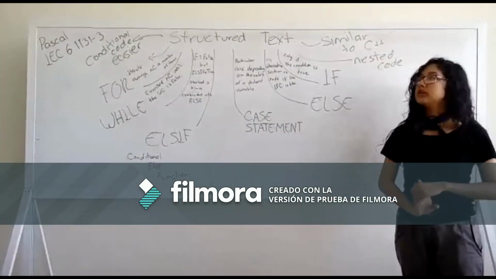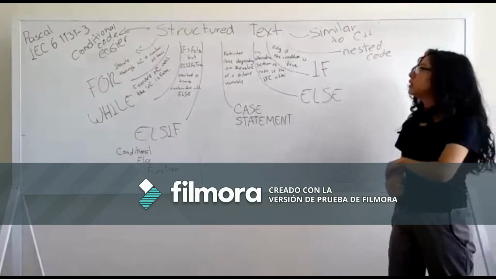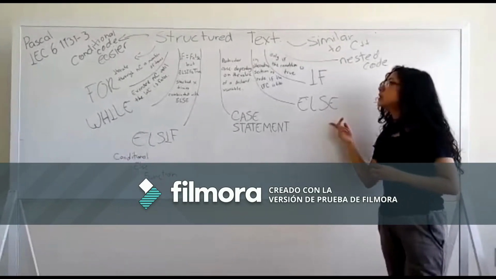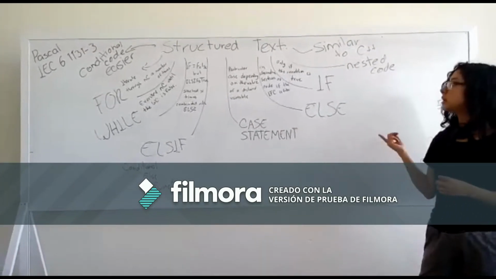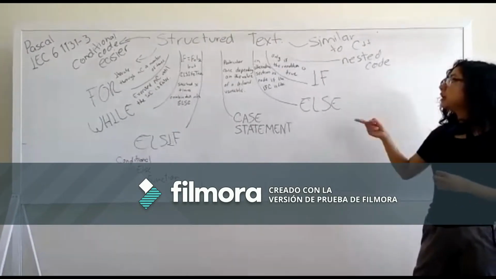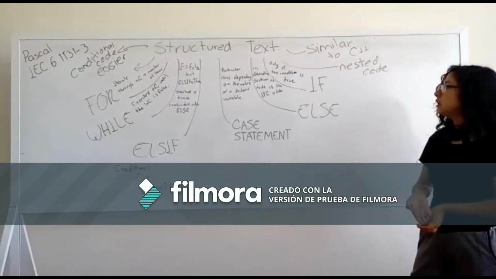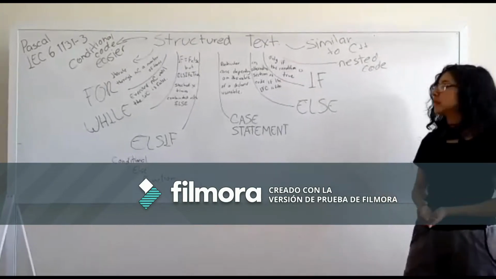This function will be executed only if the condition is true. And we have the else. This function will be executed in an alternative section of the code if the if condition is false.